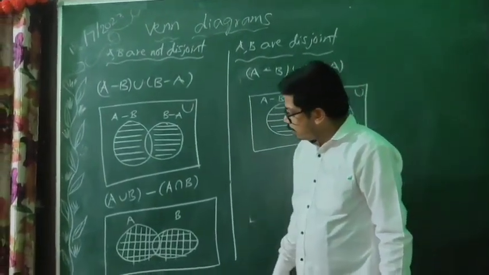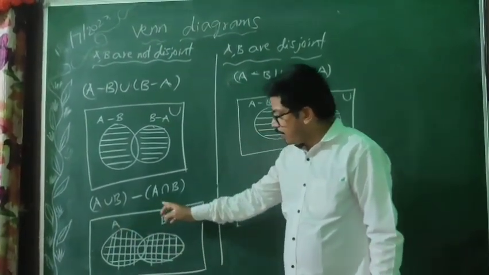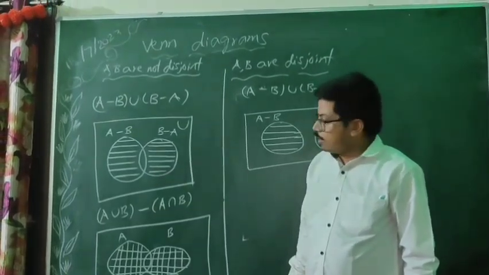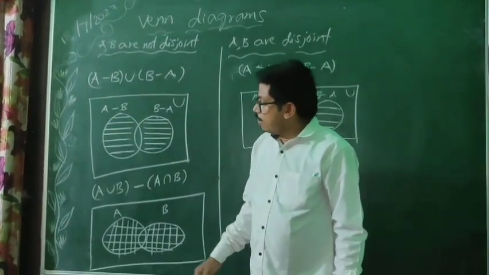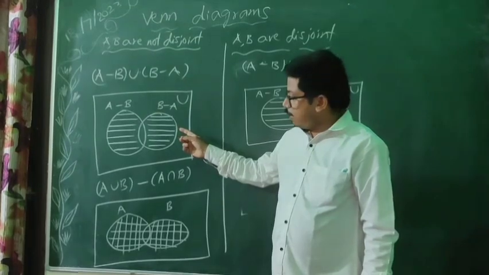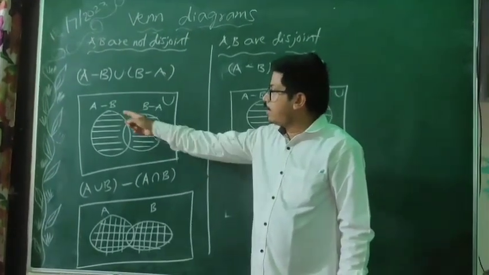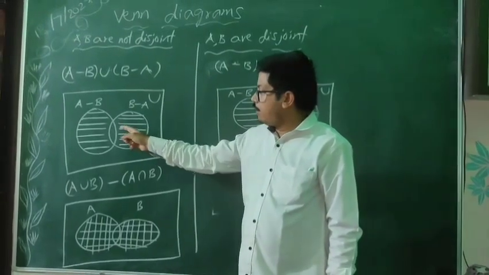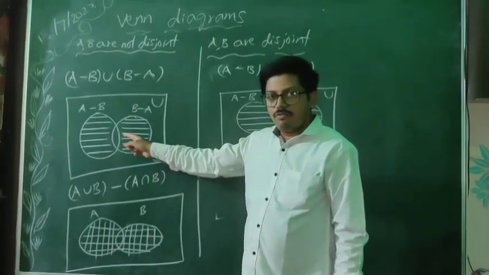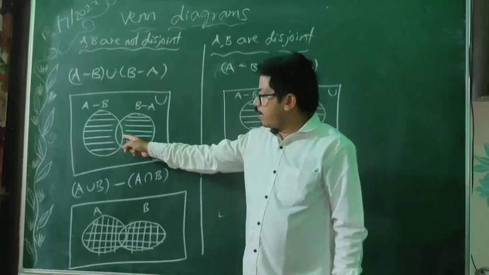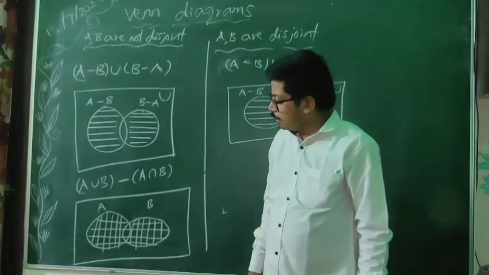So it shows A union B minus A intersection B. If you observe carefully, in the first kind of shading, only using horizontal lines, A minus B union B minus A, I have not covered, I have left this part as unshaded, which is A intersection B.